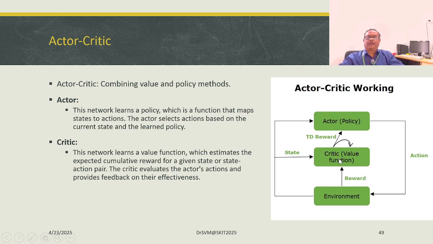Now critic is another function which looks at the current state, which looks at the previous state, and sees what was the reward. So changing from current state to the next state, what happened with the reward.